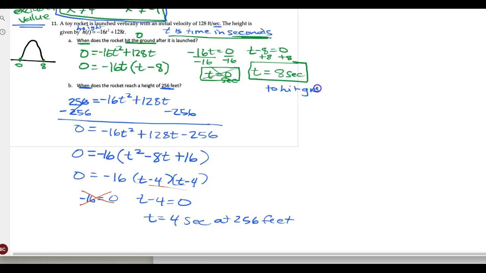It's good to put word answers to word questions because that helps you make sense of it and think, does this make sense? Well, yeah, it took 8 seconds to hit the ground, and so this 256 is probably up here, about halfway through there.